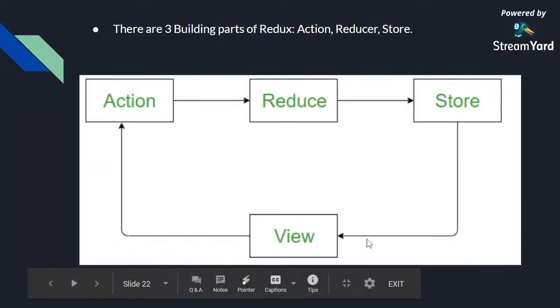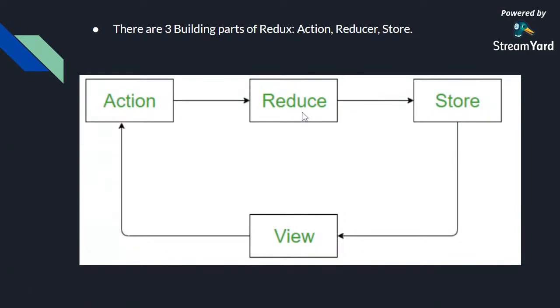Whenever I want to change a value of a state from the view, I would call an action. That action will call a reducer based on its type, and those reducers have the main logic of updating that state value. The reducer will notify the store, and the store will update the new value of the state.